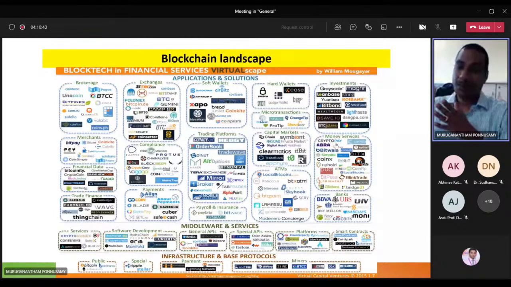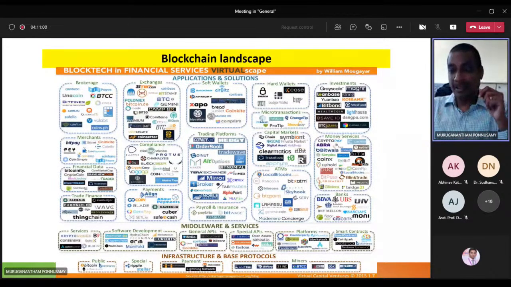And finance is one part. Banks are one part. Even ATMs, payroll, payments, compliance, exchanges, soft wallets, hard wallets, microtransactions, capital markets, brokerage, right? And anything.